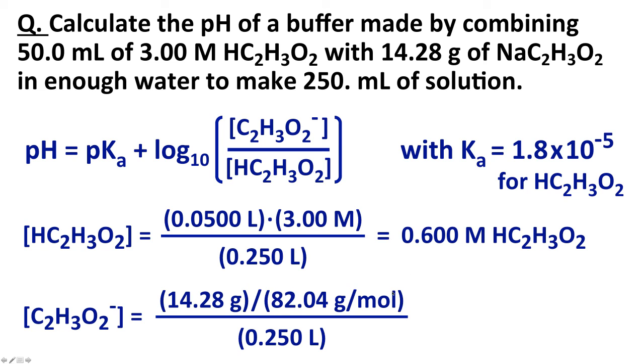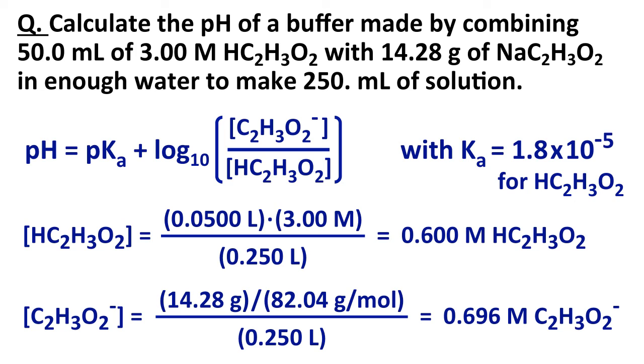That number of moles of acetate will also be in the 250 milliliters of solution. So that works out to be 0.174 moles of acetate ion in 0.250 liters of solution, and that gives us a molarity of the acetate ion of 0.696 molar.